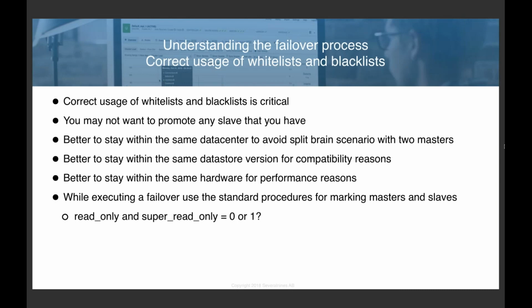Typically you want to stay within the same data center, right, to avoid a split brain scenario with two masters. Or generally speaking, for performance reasons, if you have active and DR data centers, you most likely don't want to just switch to DR just because one node went unavailable in the active data center. You want to stay within the same versions.